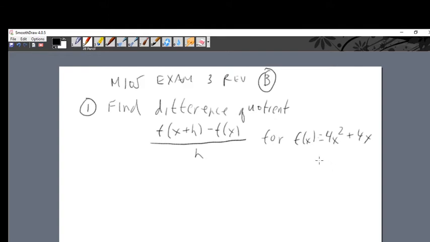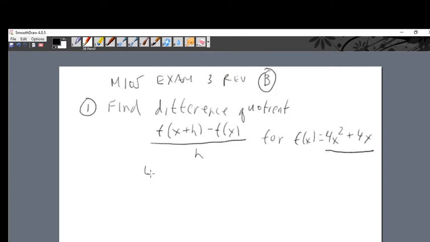Okay, so now here's how to get started. What we need to do is take this exact function, 4x squared plus 4x, right over here. Let me underline it. That's going to be our guide. And put instead of x, replace it with x plus h. So what is it going to look like?